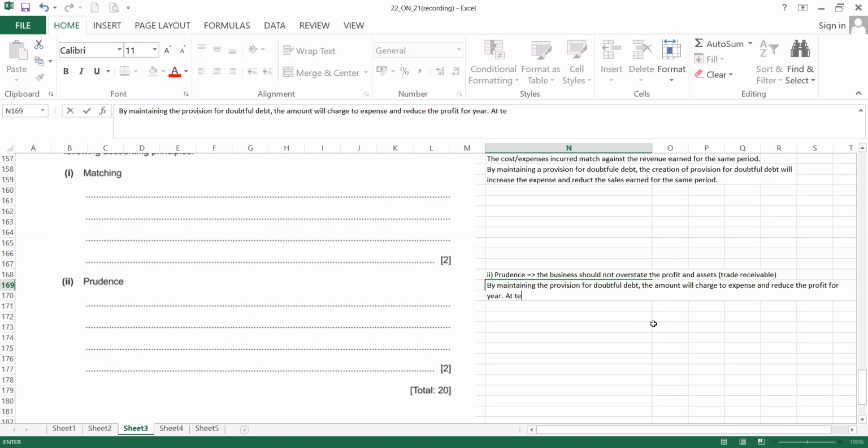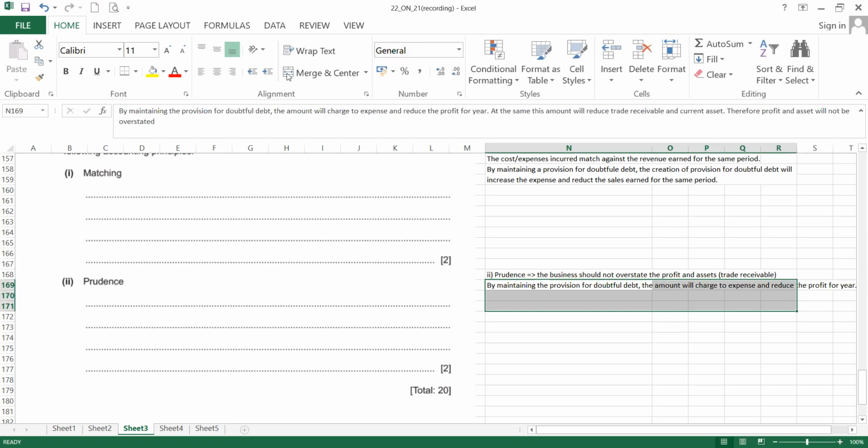At the same time, this amount will reduce trade receivable and current asset. So therefore, profit and asset will not be overstated. So this is what we can put in for this answer.